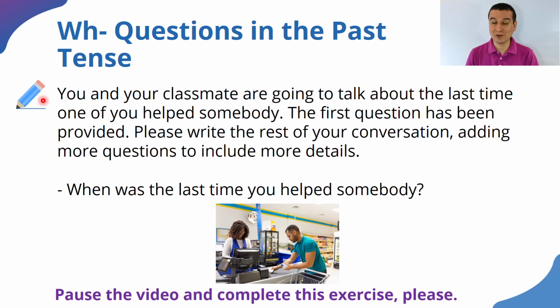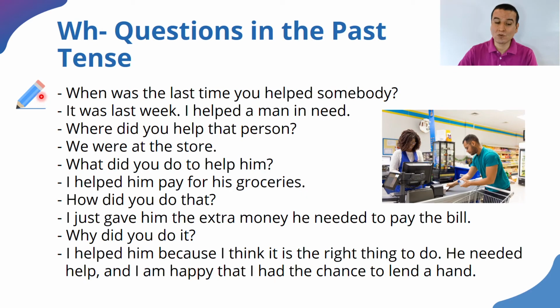All right, I hope that you have your conversation ready, and let me show you some sample conversation. All right, when was the last time you helped somebody? It was last week. I helped a man in need. Where did you help that person? We were at the store. What did you do to help him?